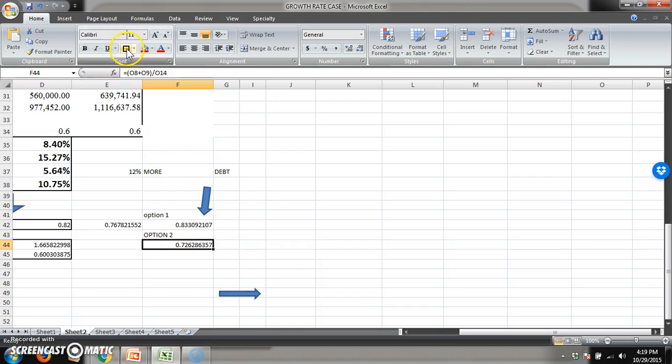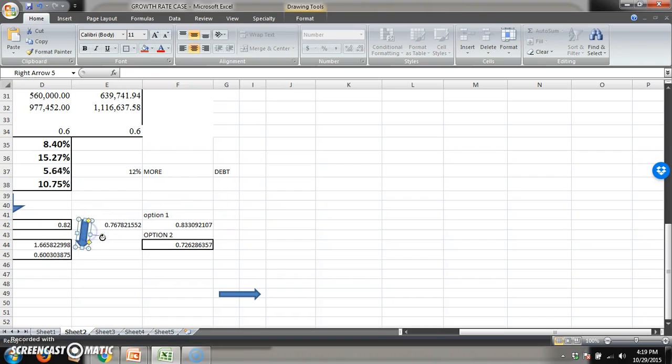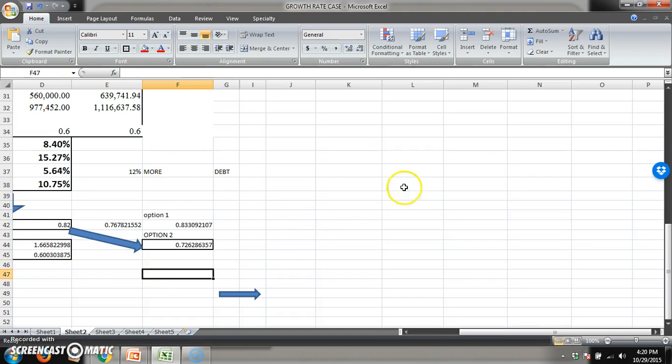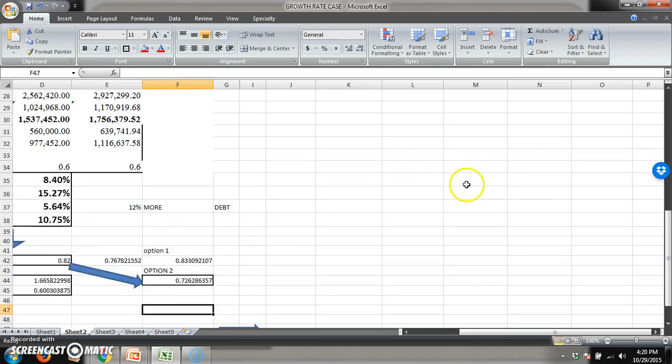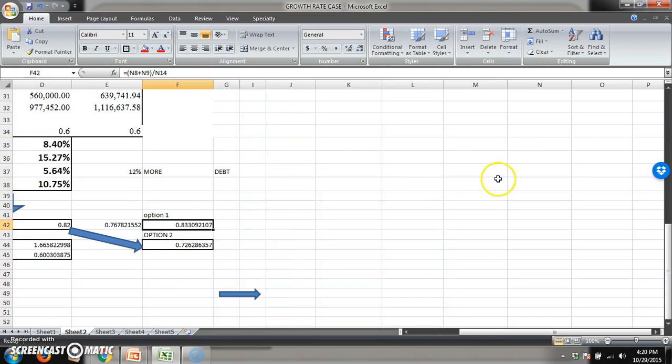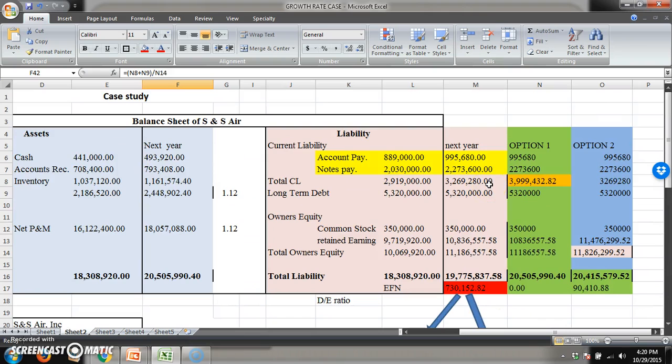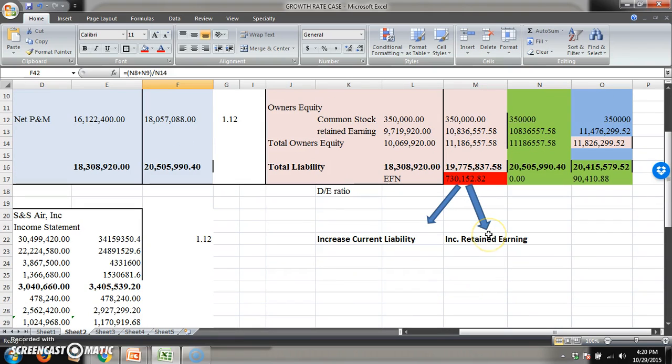As you can see here, this is the new one, this was the earlier one. So it is a better option in case your debt equity levels are too high. So a company has to decide what course of action they want to pursue, which are in fact limited by practical considerations.